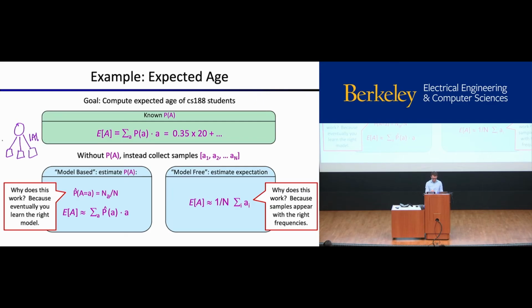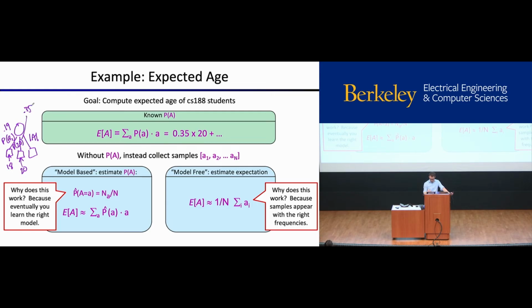What we're going to do is there's a probability of age 1, and we multiply that by the value that goes in here. Maybe that's 18. Maybe you're 18 with probability, I don't know, 0.19. Then we already said that there's another probability, the probability that you're 20, which we said was 0.35.